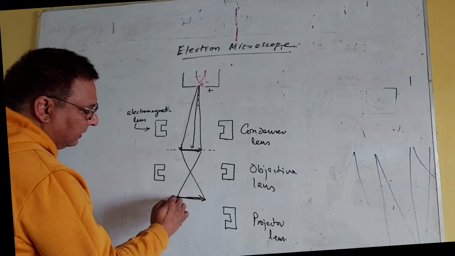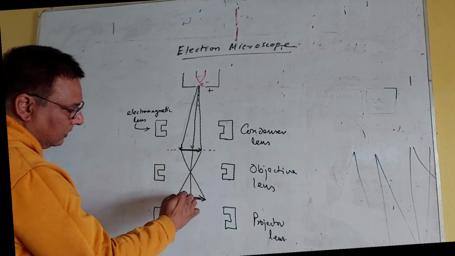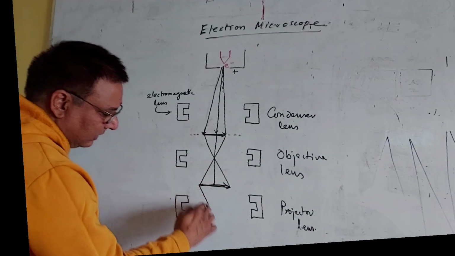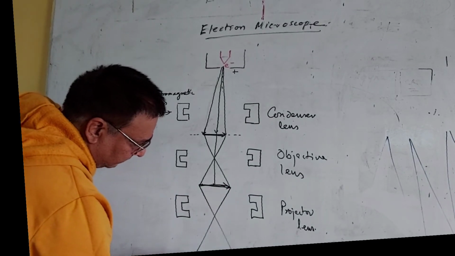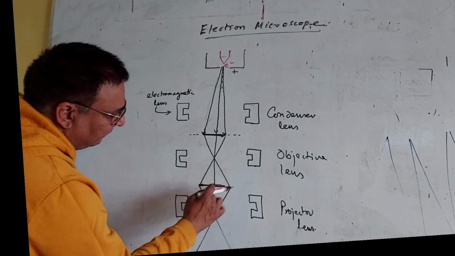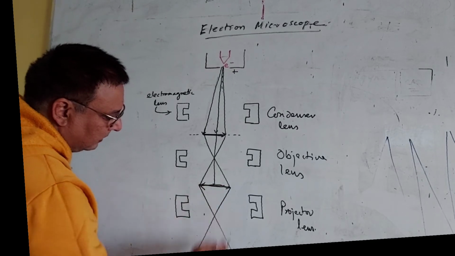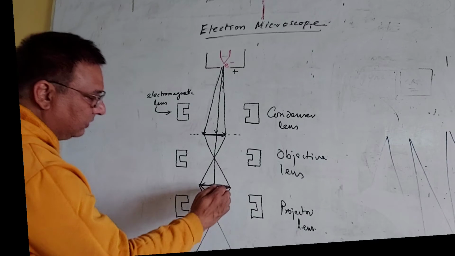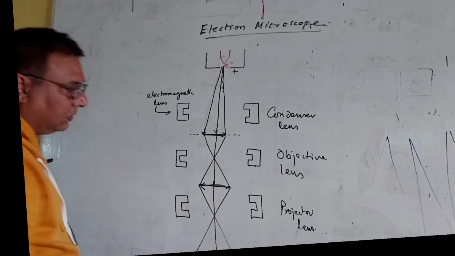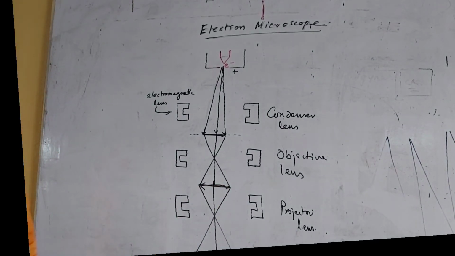This is the first image that is being generated. It is again generating a bigger image over here. So this will be in fact opposite. This will give you the image. Okay. So this is the way you produce your image.